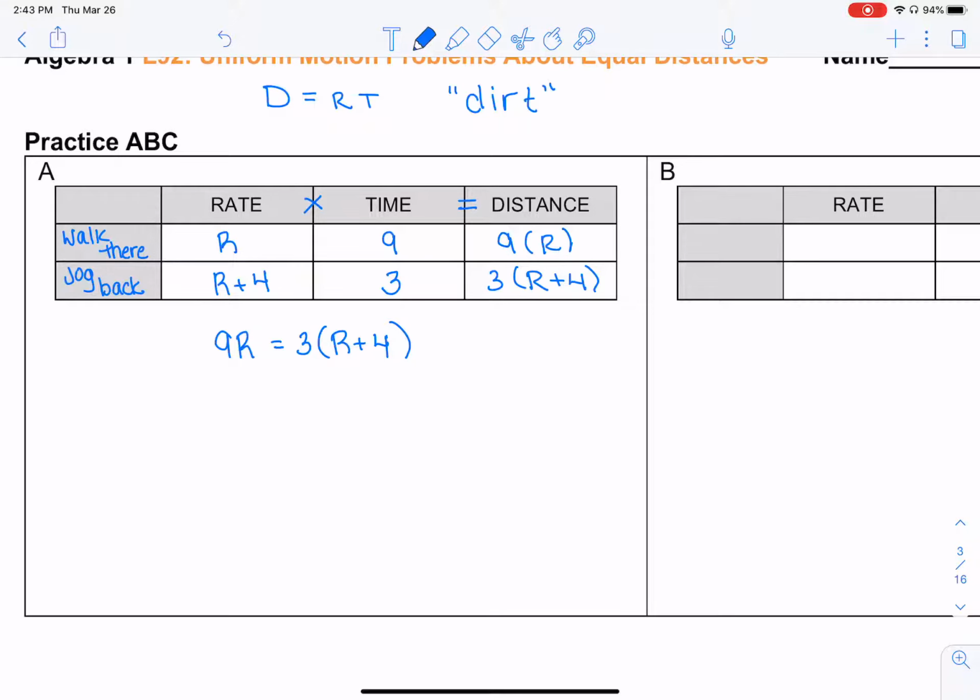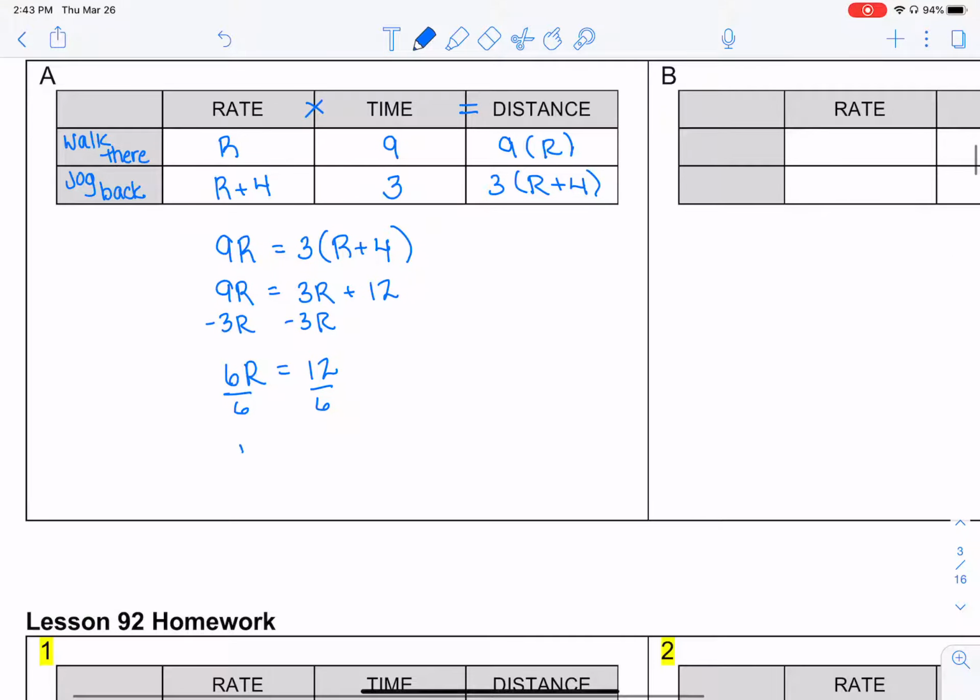Then I distribute the 3. And I get 9r equals 3r plus 12. Go ahead and subtract 3r from each side. And I get 6r equals 12. Divide both sides by 6. And we have r equals 2.